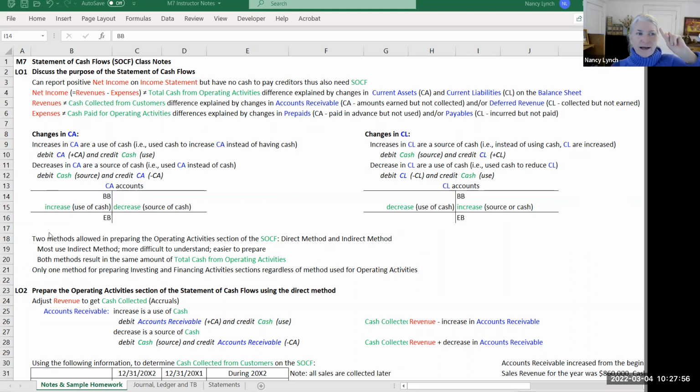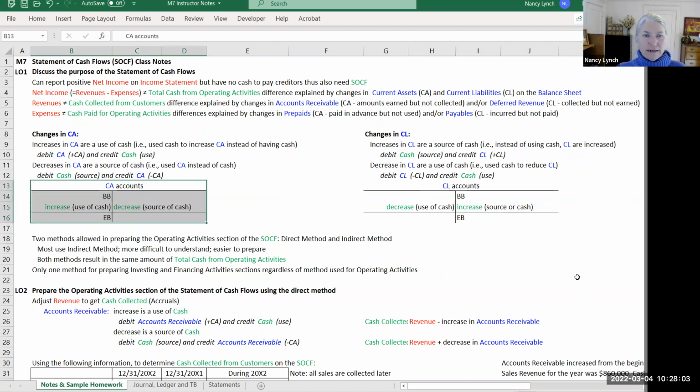What I'm going to do in this video, though, is help you see the general effect of changes in current assets and current liabilities on cash. On our income statement, our revenues would be exactly the same as cash collected from customers if there were no receivables or if there were no payables, or excuse me, deferred revenues.